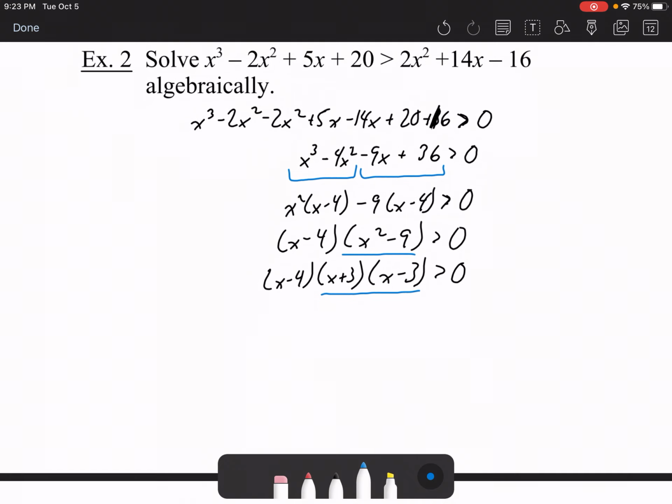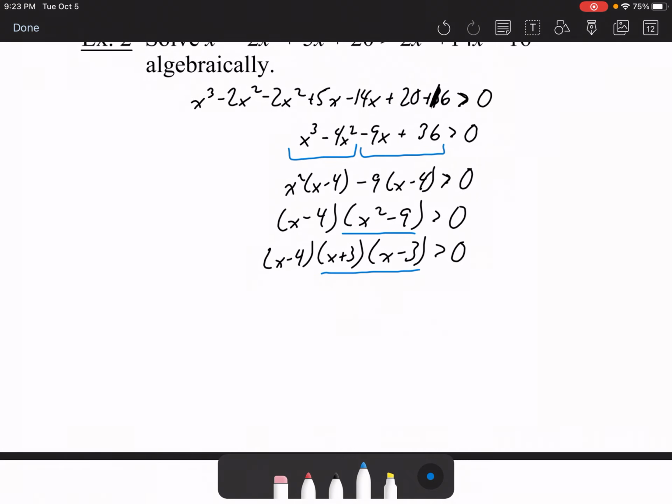So what we're interested in here is when this entire expression is greater than 0. Well, we know when it is equal to 0. We have zeros at negative 3, at positive 3, and at positive 4.